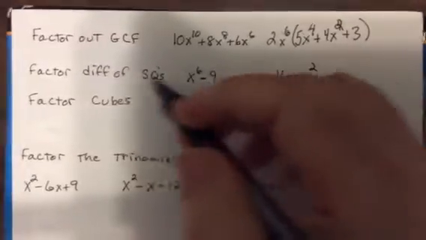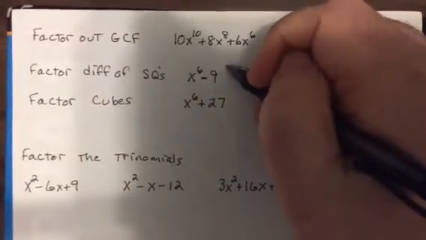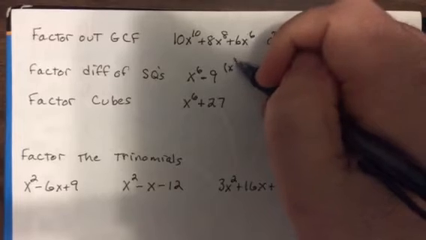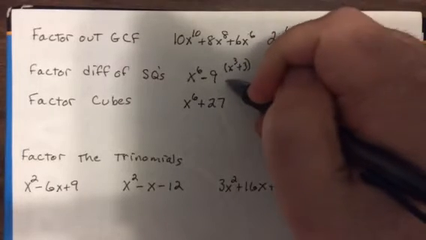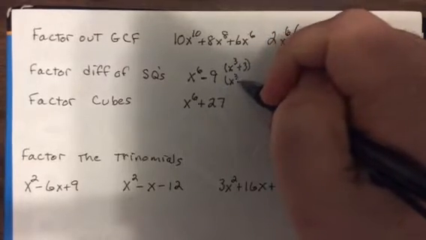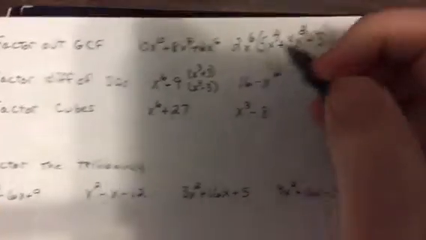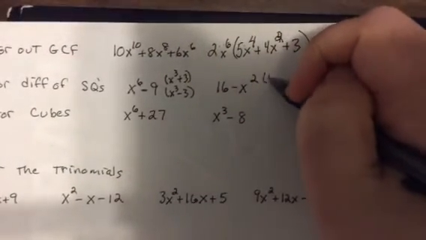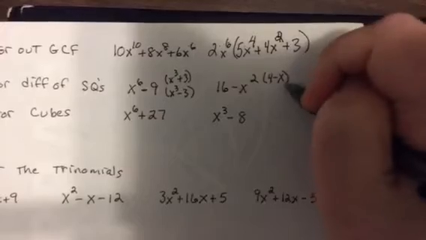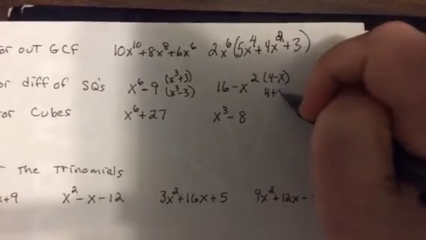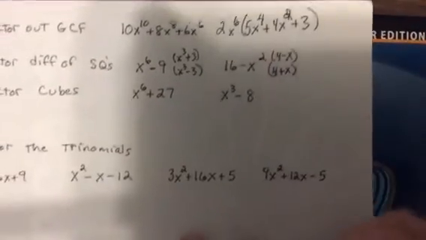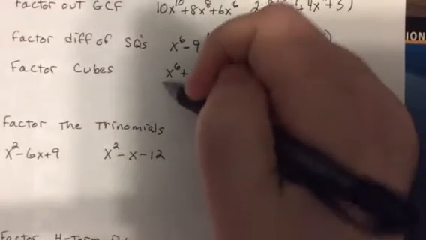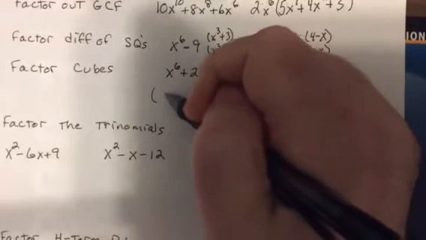Then, difference of squares, we're told. So this would be x cubed plus 3, x cubed minus 3. Then this would be 4 minus x, 4 plus x. Then the cubes. Oh, first write it without the cube.